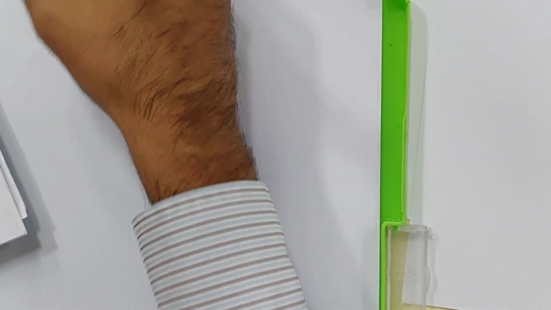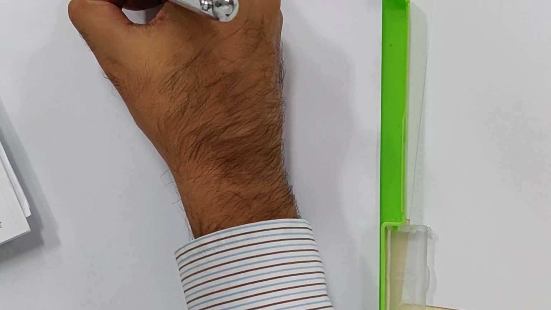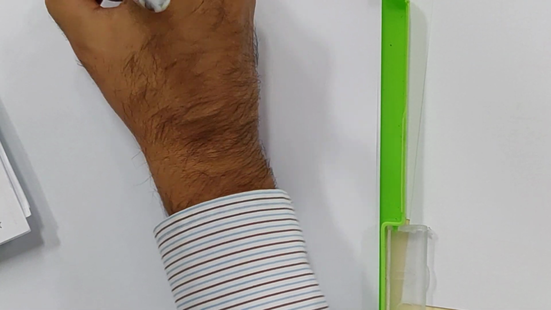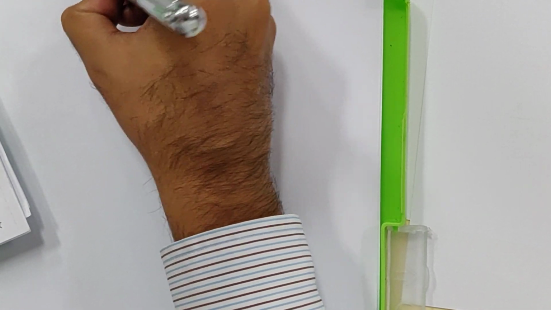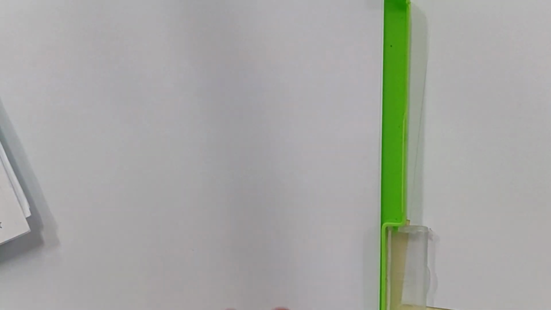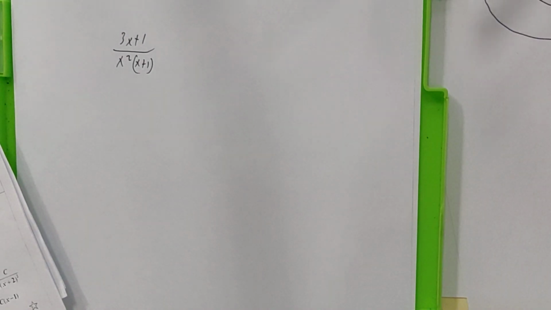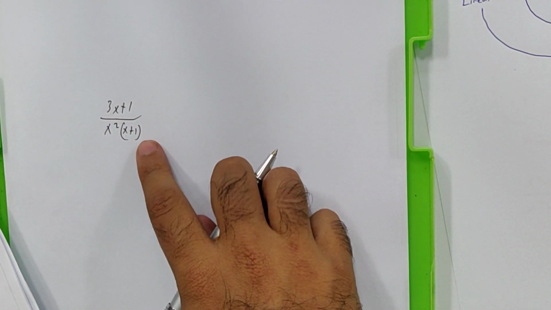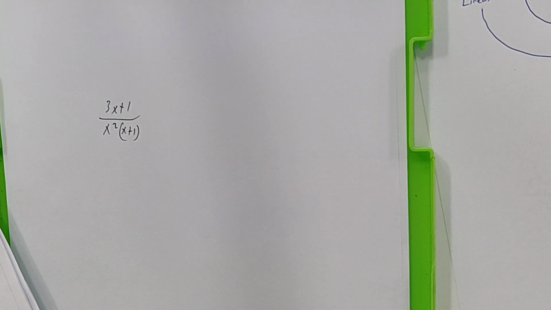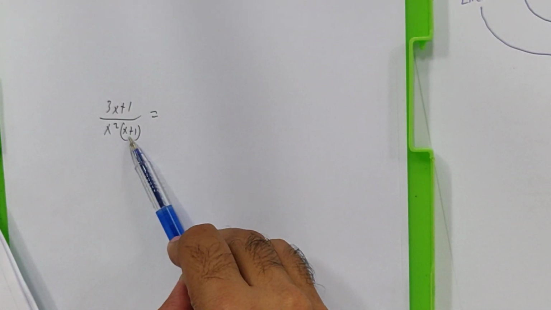Okay, one example for you. Okay, we're going to finish this quick. What about if you got this? Oh, sorry, tak nampak. What about this one? X plus 1 is what?